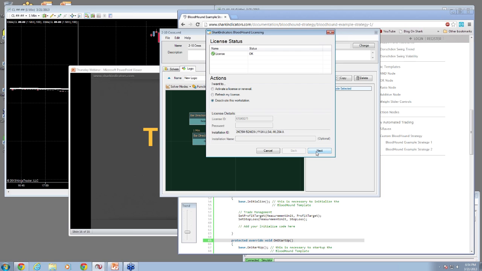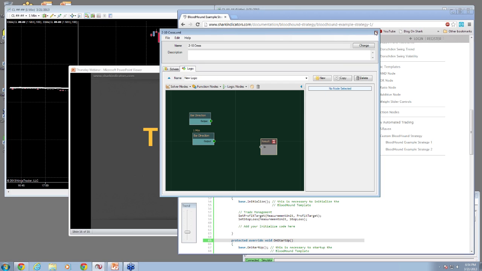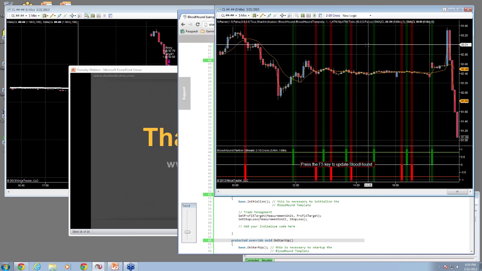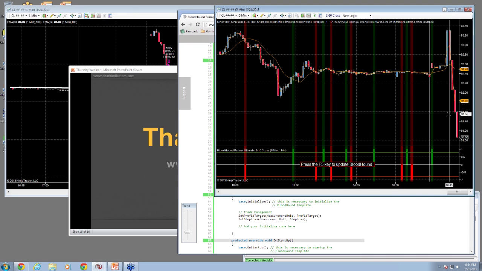Kenny's saying 25% for upgrades is great. Okay, thanks. Ken's asking, can you send an order to the Ninja ATM? So Ken, I just demonstrated that. I'm not sure if you saw it, but let me recap that super quick. Yeah, absolutely, you can. In fact, this is what we did with this strategy, which I threw a bunch of gunk in.